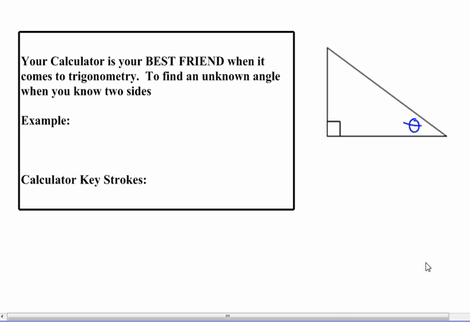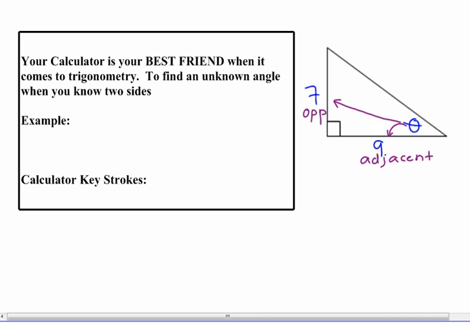Okay, can you please label this side 7 and this side 9? Okay, so let's label these sides based on our unknown angle. I want to find this unknown angle without using a protractor. So what would 7 be called? Opposite, and 9 between our angle and the 90, beside, adjacent.